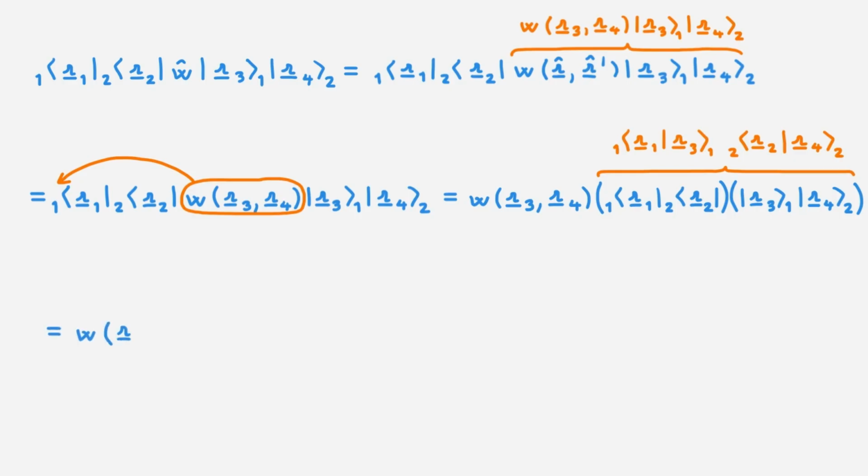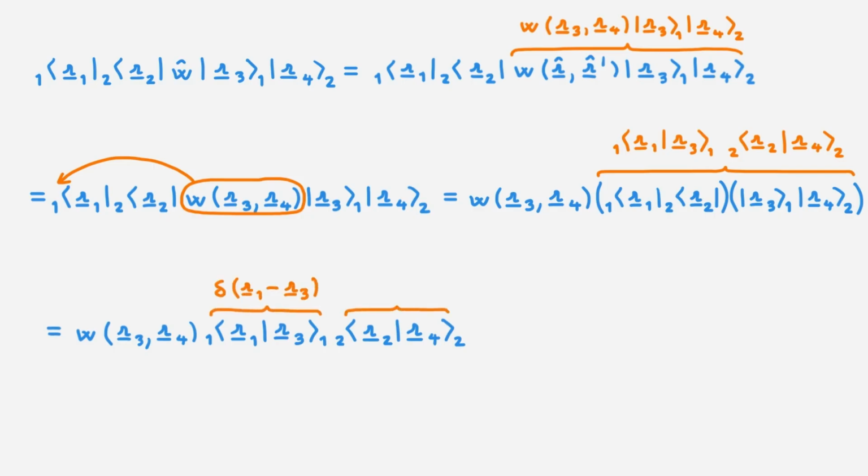Bringing these results together, we end up with this expression for the matrix element. The basis is orthonormal, so this bracket is a Dirac delta function, and this bracket is also a Dirac delta function. So we end up with W of R3 R4 times the Dirac delta function of R1 minus R3 and the Dirac delta function R2 minus R4.